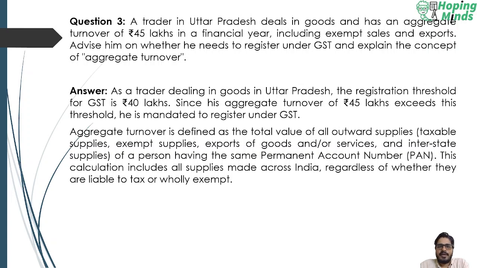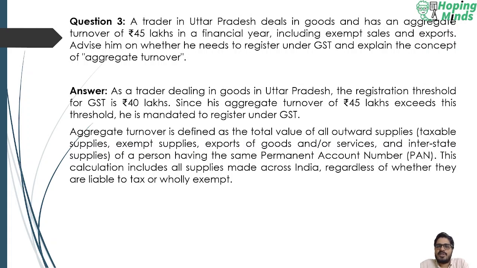So we have already studied about the registration threshold limits. In case of traders and manufacturers, this threshold is rupees 40 lakhs. So in case a trader or a manufacturer has an aggregate annual turnover of rupees 40 lakhs, then he is mandatorily required to get registered under the GST.